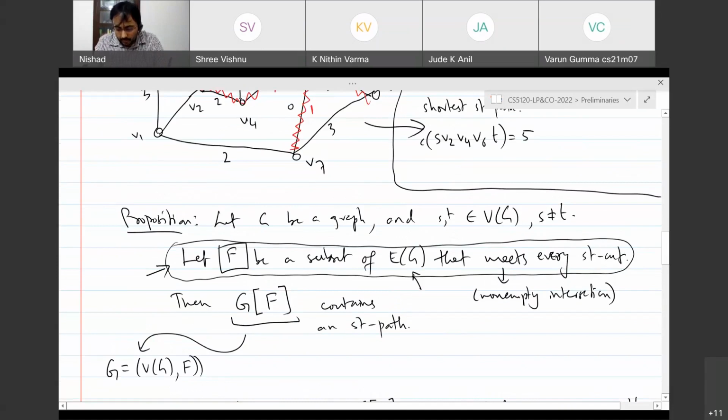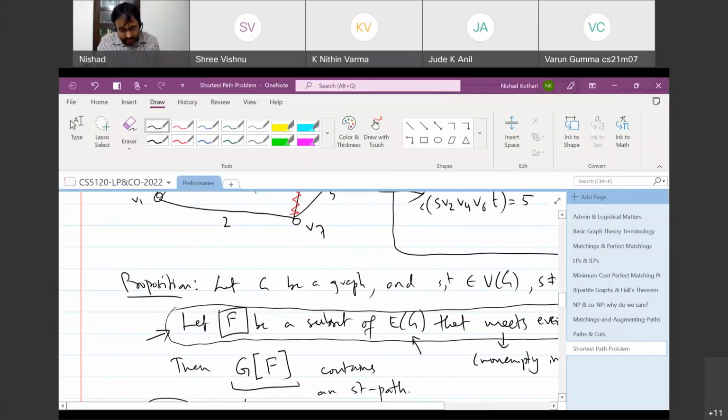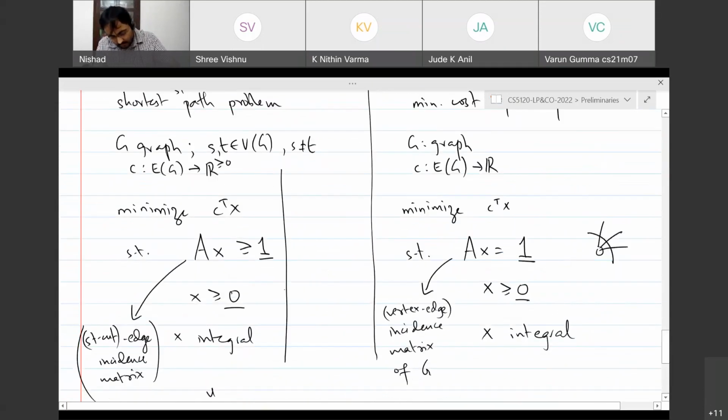So the point I want to make is that in this ILP, every solution to the ILP contains an ST path.